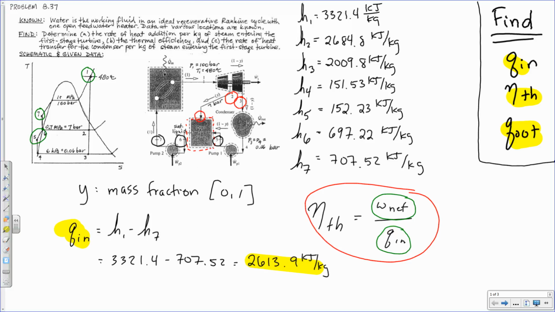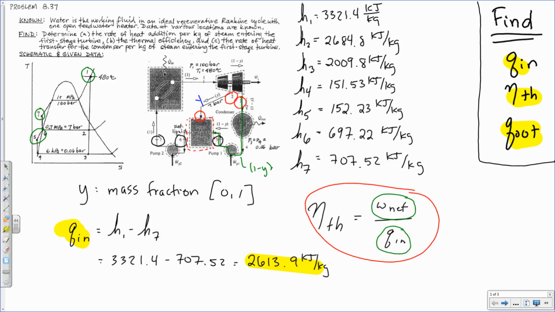Same thing goes for state 3. It passes through the condenser. The mass flow rate remains constant, passes through the pump, comes up here through state 5. So this entire leg only sees the fraction of the mass flow rate equal to 1 minus Y.